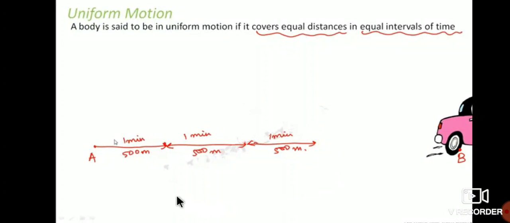The body takes three intervals of one minute each to reach from point A to point B: 500 meters in the first minute, 500 meters in the second minute, and 500 meters in the third minute.